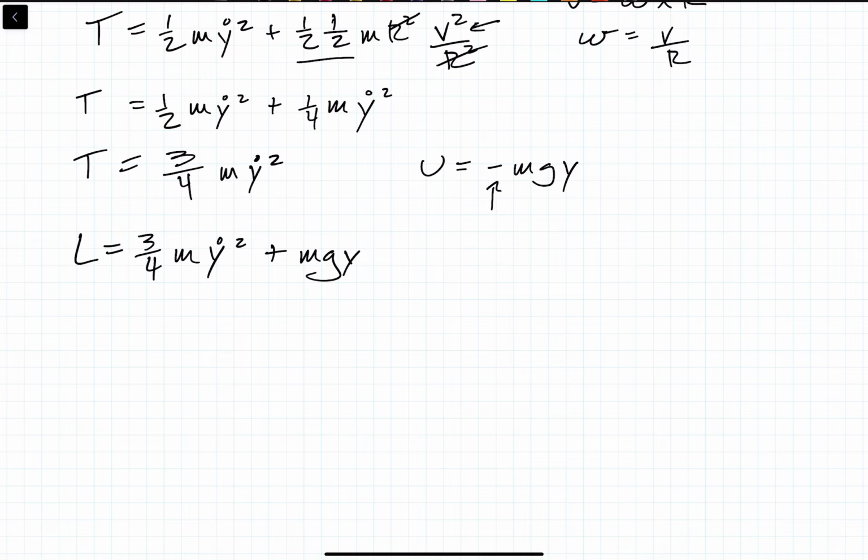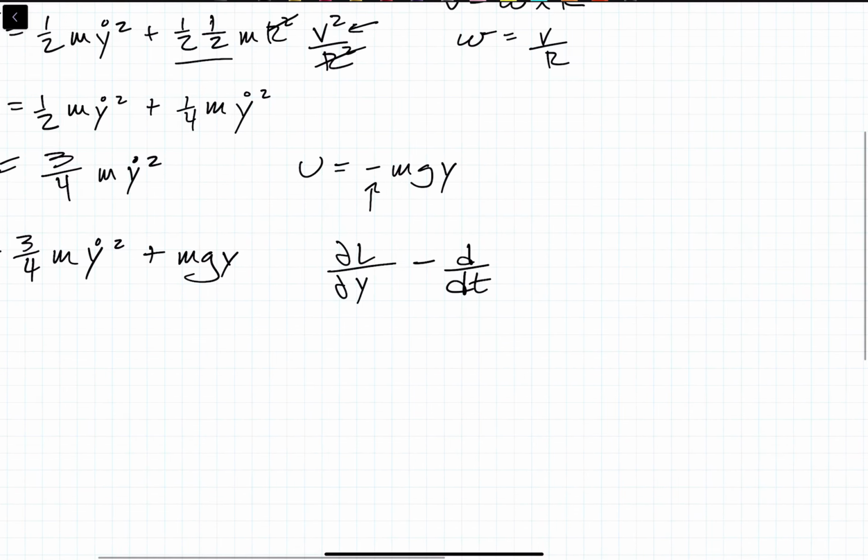The Lagrange equation of motion states that the partial derivative of the Lagrangian with respect to your generalized coordinate, in this case y, minus the derivative with respect to time of the partial with respect to y dot is equal to 0.